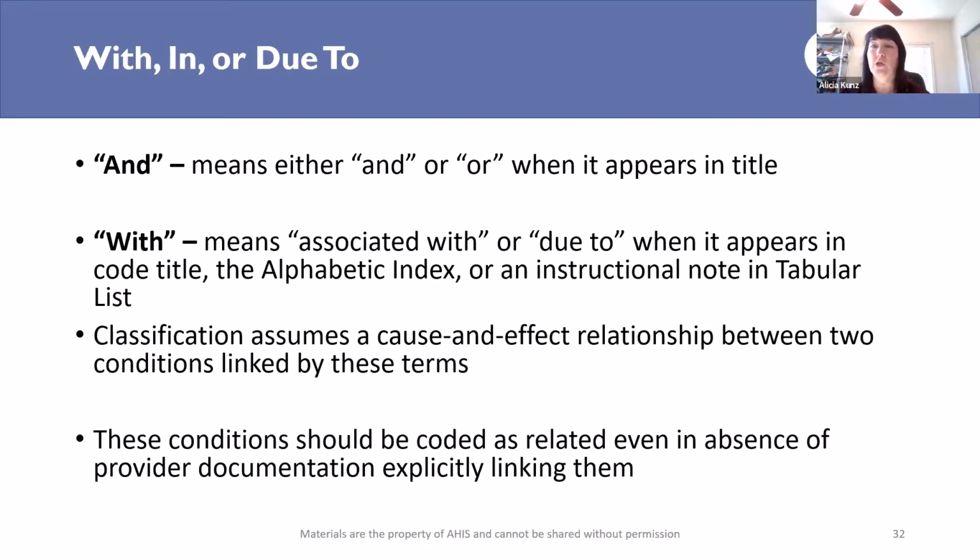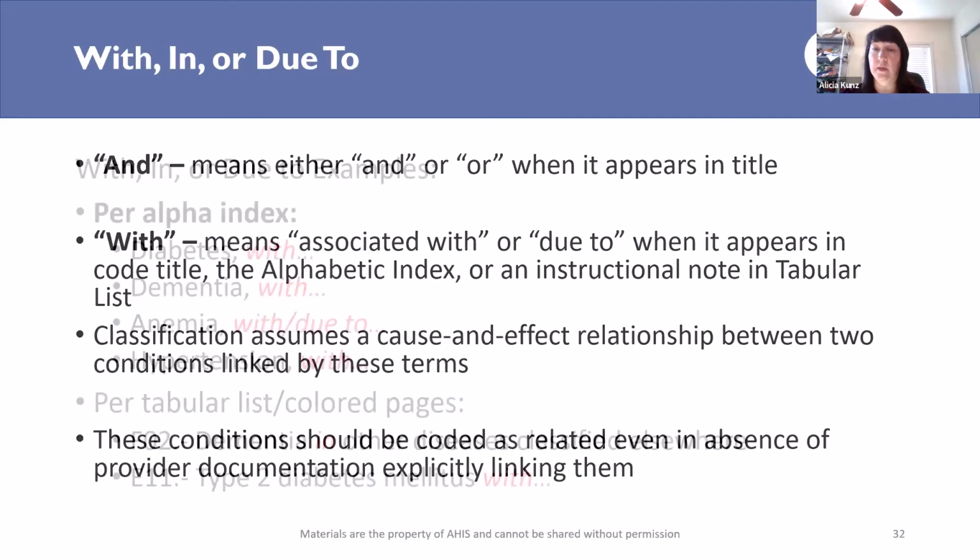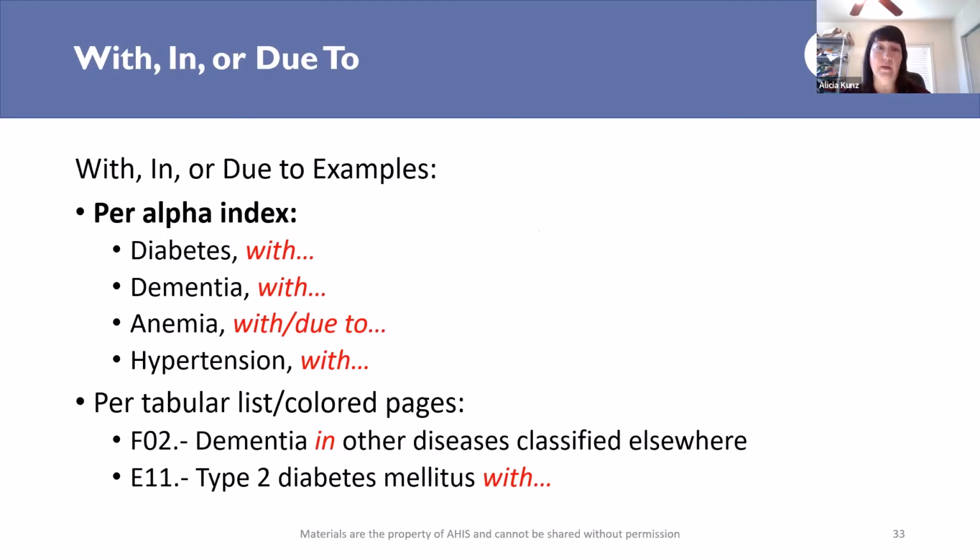You don't need the physician to explicitly link them. Codes that are linked with those terms. So these are your main ones. Dementia, diabetes. If you look up your diabetes codes, there's going to be a whole bunch of codes that are connected. Diabetes with chronic kidney disease, diabetes with foot ulcer, diabetes with neuropathy.